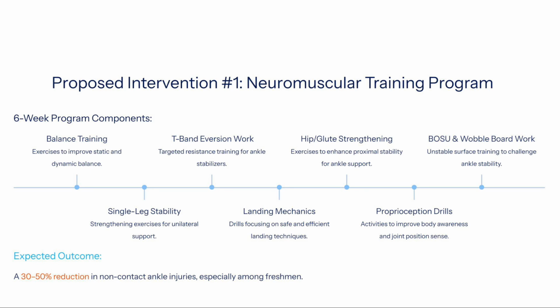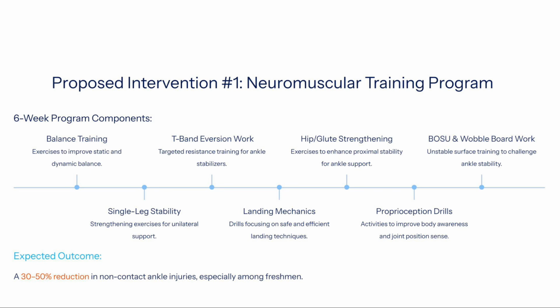During these 6 weeks, athletes will work on balance training, exercises to improve static and dynamic balance. They will also work on single leg stability, strengthening exercises for lateral support, T-band eversion work targeting resistance strength for ankle stabilizers, and landing mechanics, drills focusing on safe and efficient landing techniques.